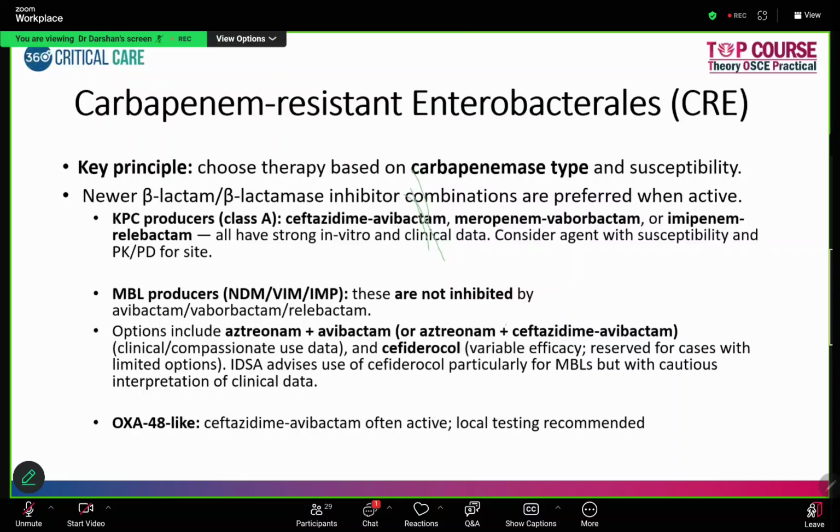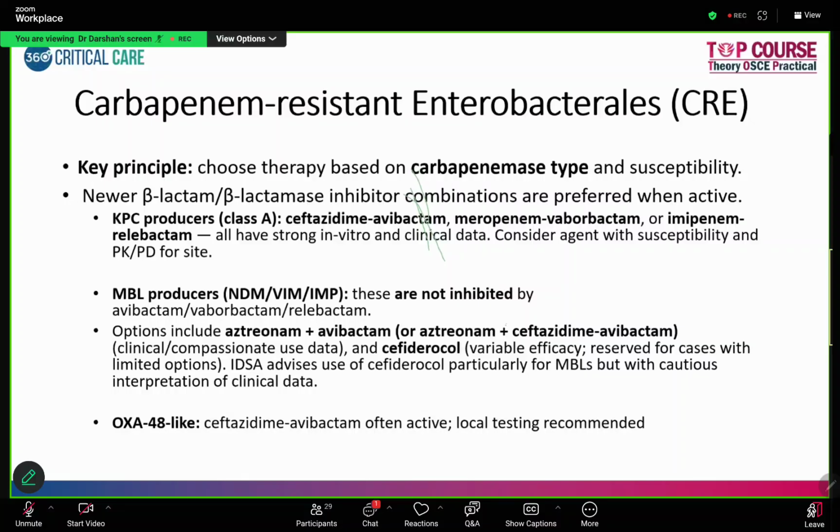In carbapenem-resistant organisms, the key principle is to firstly find out the type of resistance. We all know about Ambler's classification. Based on that, majorly we need to know if it is a serine carbapenemase or a metallo-carbapenemase. The whole thing depends on whether there is NDM positivity or OXA positivity, or both are present.